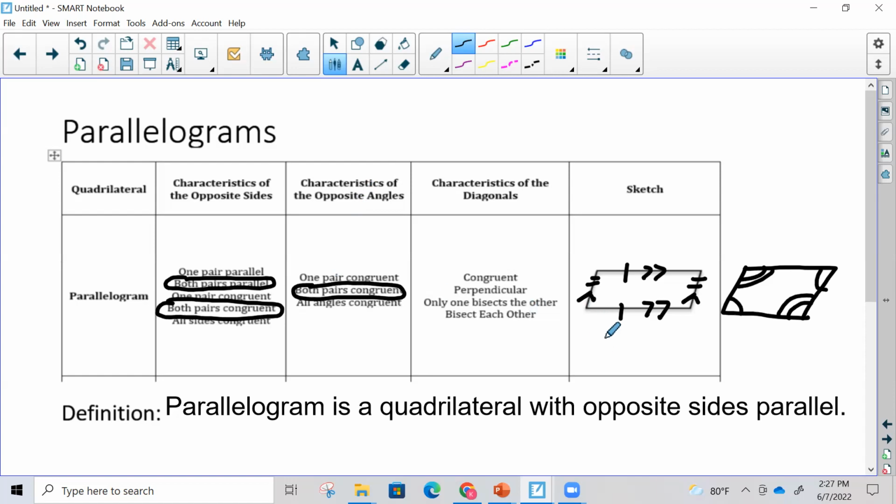And then when we talk about the diagonals, and again, I'm going to draw that separately for a parallelogram, what we know about them is that they bisect each other. What that means is that they each cut each other in half, so that these two segments are equal and then these two segments are equal. So they bisect each other is the property for a parallelogram.